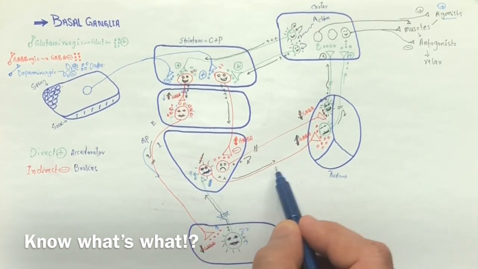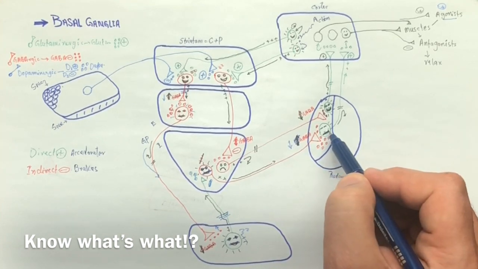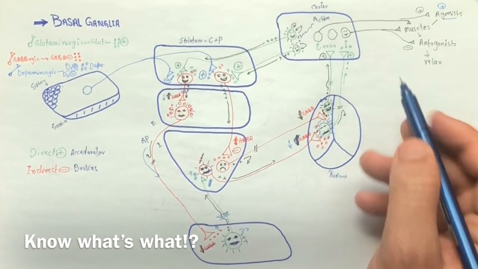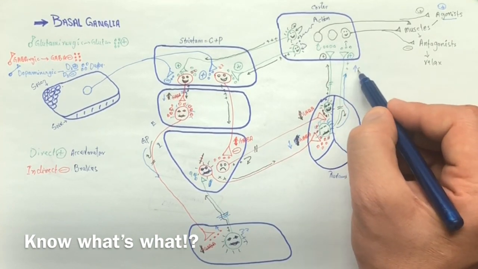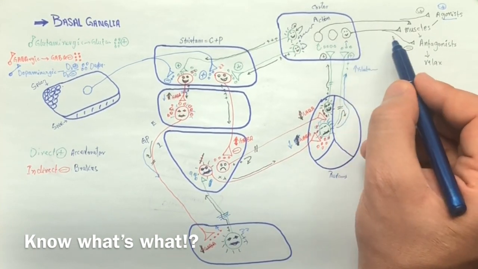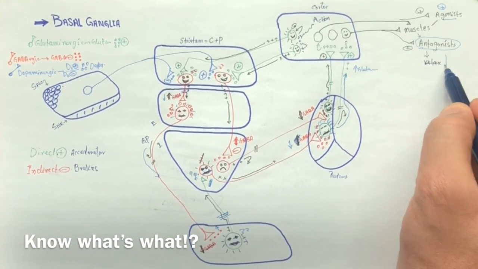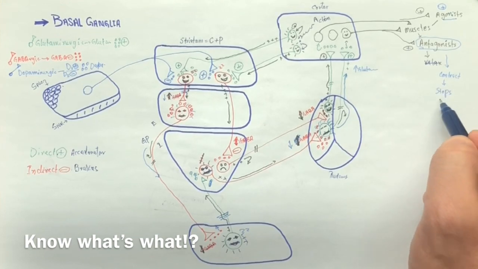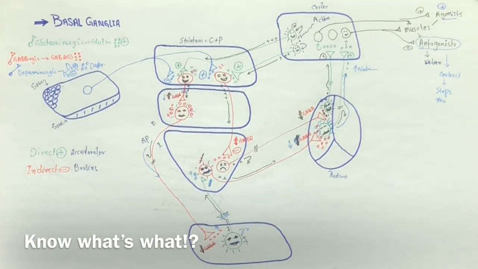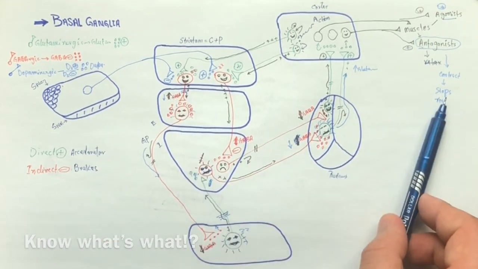In the thalamus, the neurons will be released of inhibition because the GABA will drop there. And when they are released of inhibition, they will fire into the cortex to release the glutamate. And that increased glutamate will stimulate neurons that will make your antagonist contract so you can terminate the activity that you don't want anymore. That's how the direct and indirect pathways are influenced by the dopaminergic system.